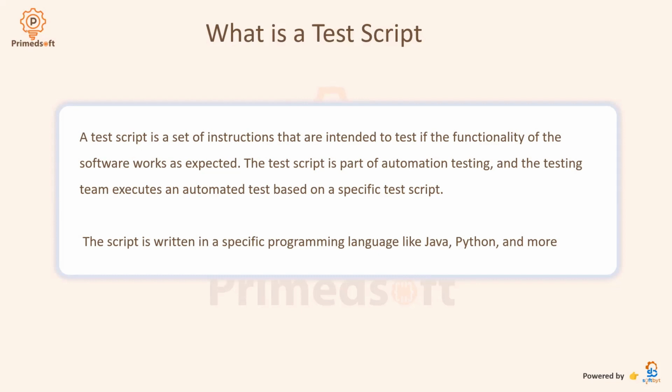The script could be written in a specific language such as Java, Python, or C#, right? For the course of our training, we'll be writing our test scripts in C#.